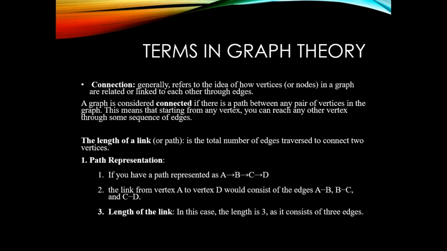And we have what we call the length of a link or the path. So we've been able to measure the length of the link here. It's the total number of edges that can be seen between two vertices. Let's take this for example.